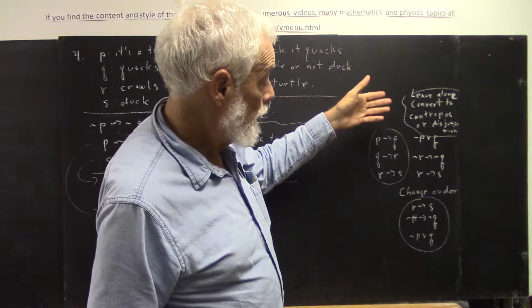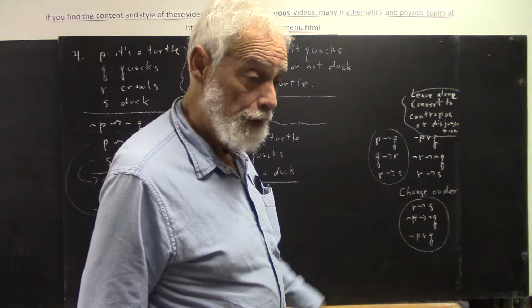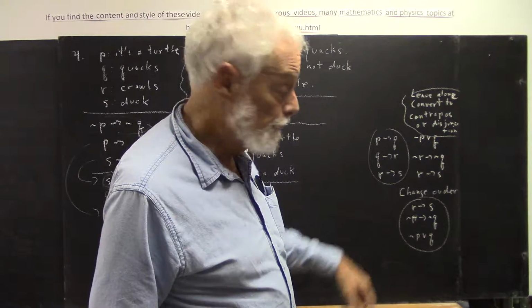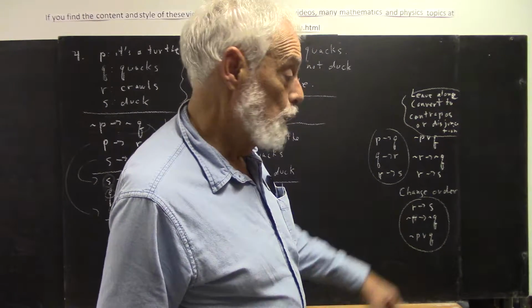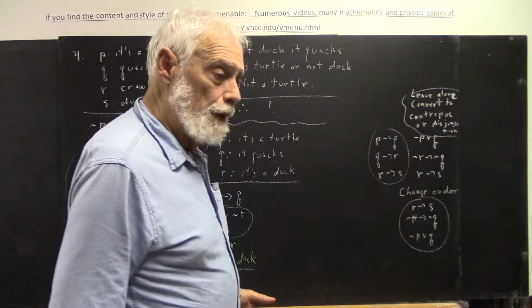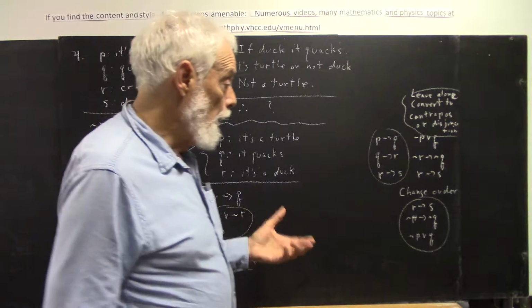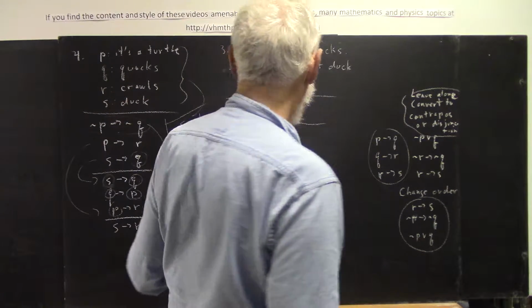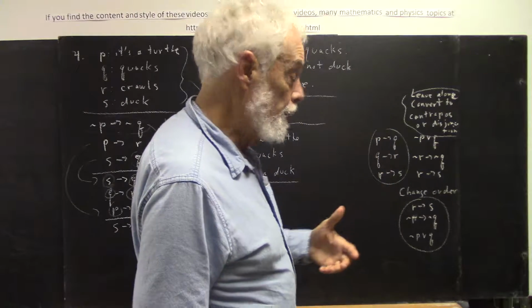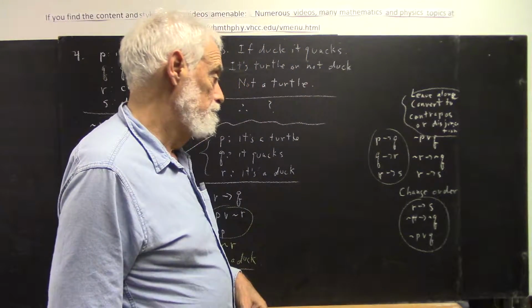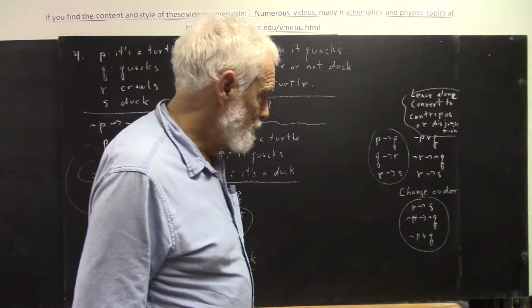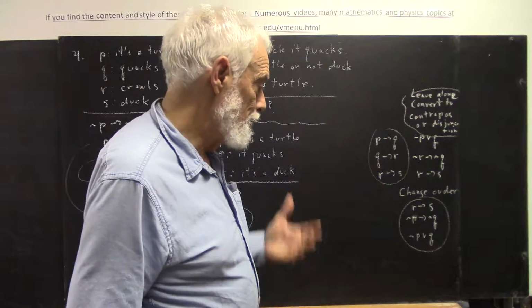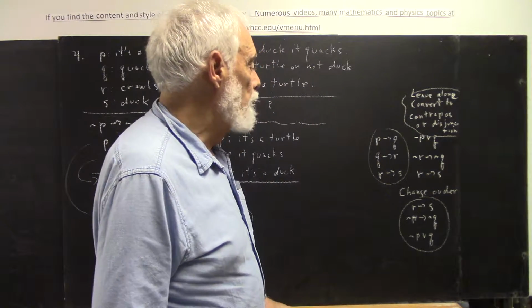So we'll have a series of statements like this, but I'm not going to express them in symbols. I'm going to express them in words, and I'll have, in another part of my program, a grab bag of things like it's a turtle, it's a duck, it quacks, it's carnivorous, it has these characteristics, it has this characteristic. Okay?